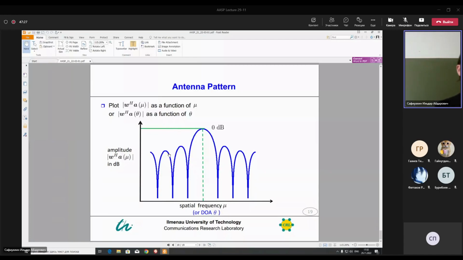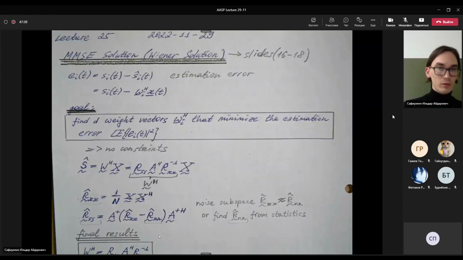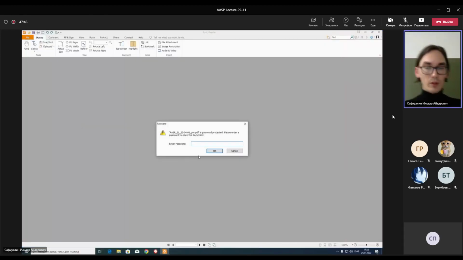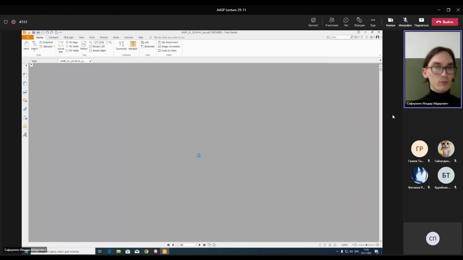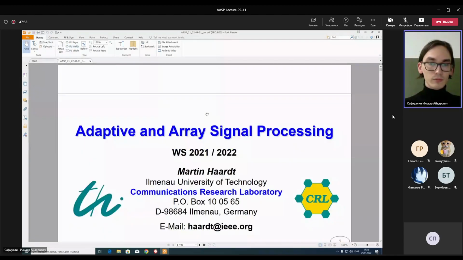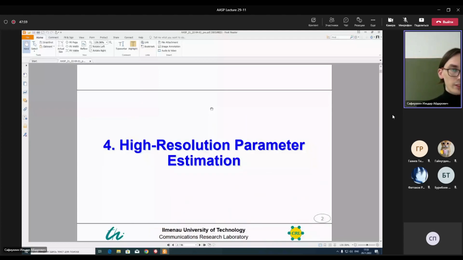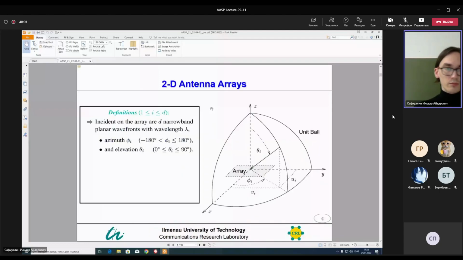Now let's go to the next. Not like this one, but like this one here. Unfortunately, I do not have enough time for slides, so I will use grid slides.